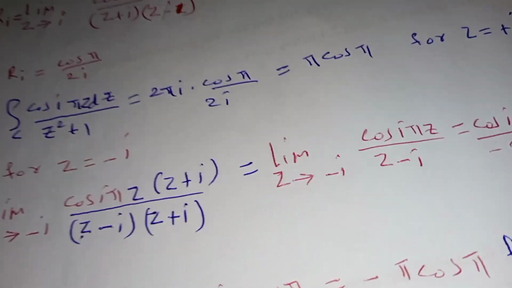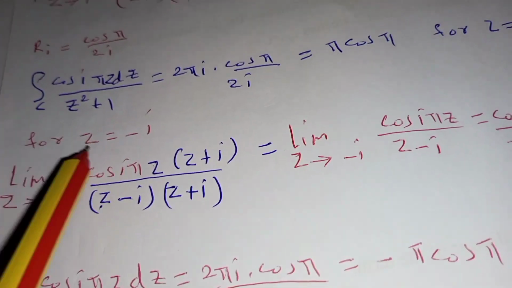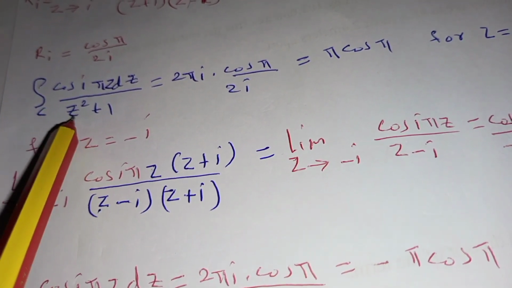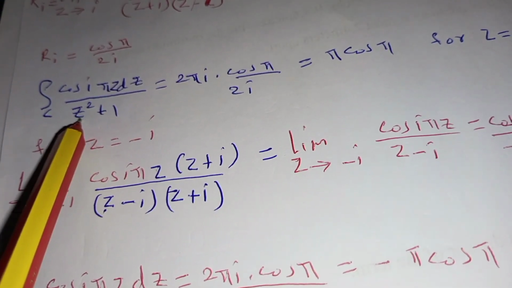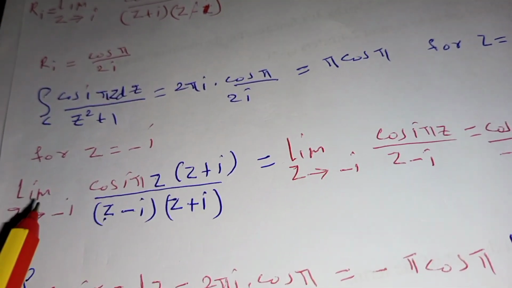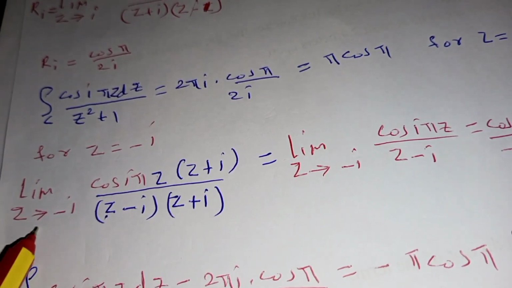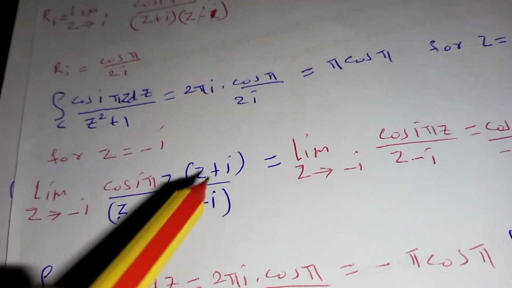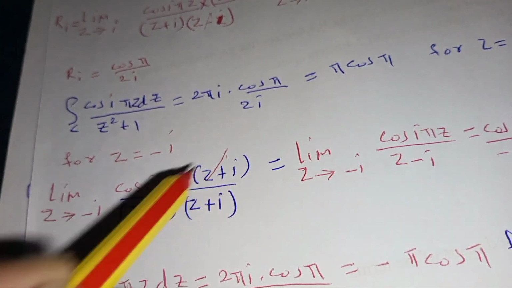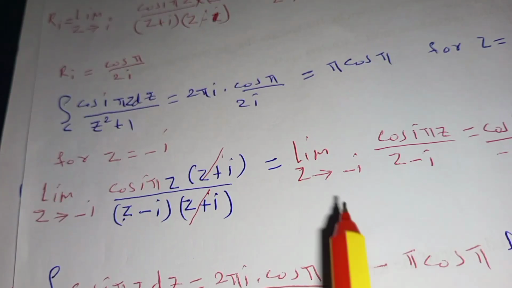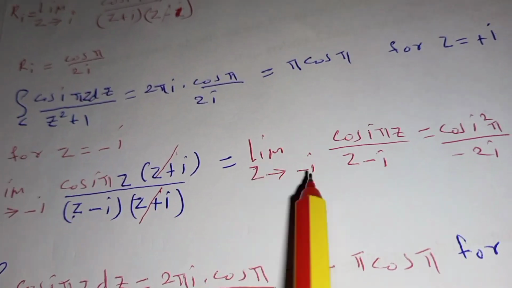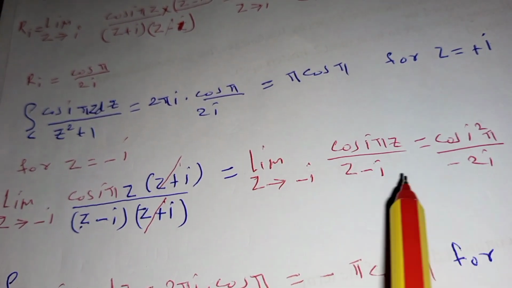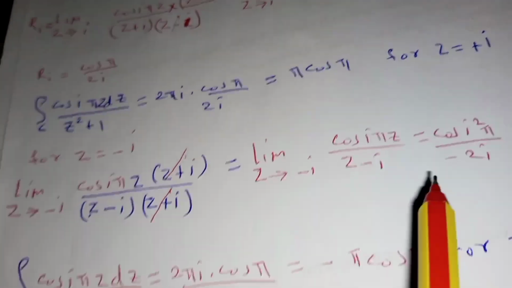Then you go to the second pole. At z equal to negative i, this function is not defined. It is discontinuous. So we get the residue, the limit as z tends to negative i of this function, where this part will cancel with this, so you are left with the limit as z tends to negative i of cos(πz) divided by z minus i.